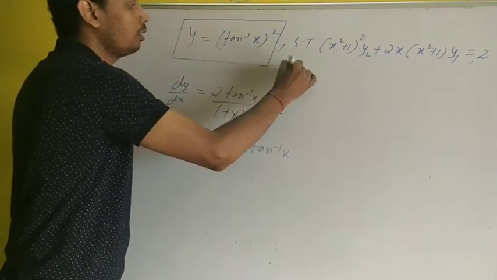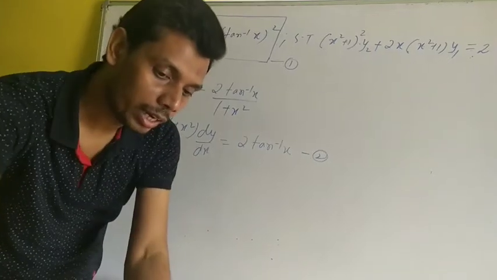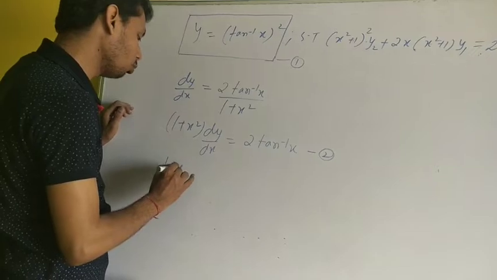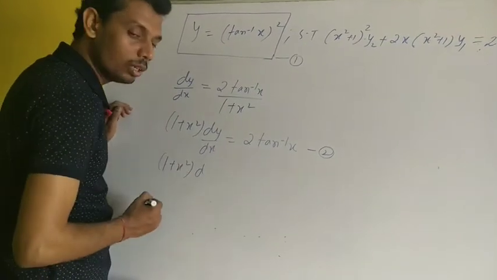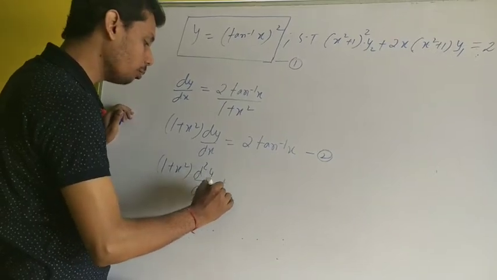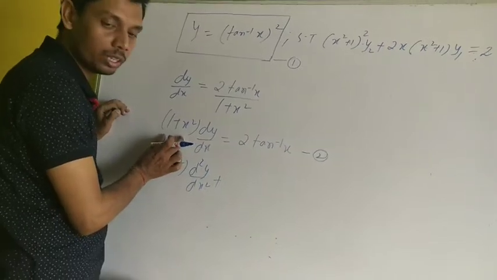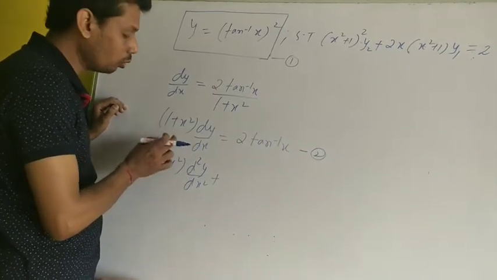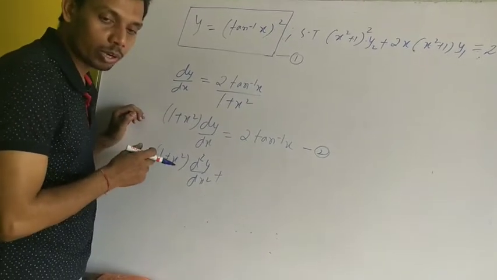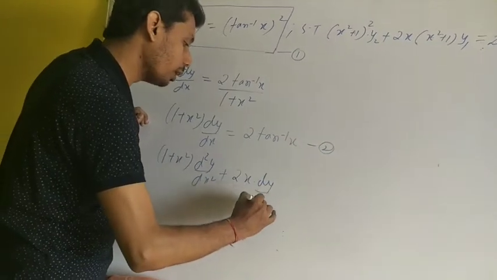Now this is our equation 1, let us consider this as equation 2, and again differentiating with respect to x, keeping 1 plus x square constant and differentiating this dy by dx with respect to x, we will get d square y by dx square, plus now keeping this dy by dx constant and differentiating this 1 plus x square, we know that 1 being constant, its differentiation will be 0, and differentiation of x square will be 2x. So here we will get 2x into dy by dx.